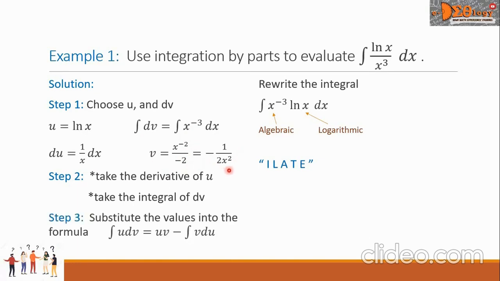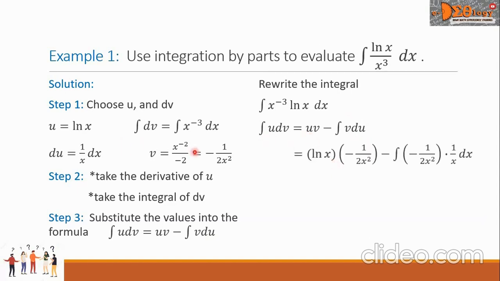Step 3, let us substitute the values from step 1 into the formula of integration by parts. This is now the formula, and this left side, the integral of u dv, corresponds to our problem here now. And the right side here, we shall replace by values from step 1.